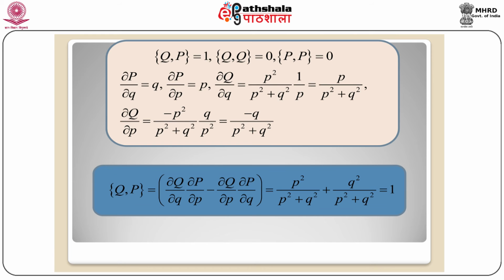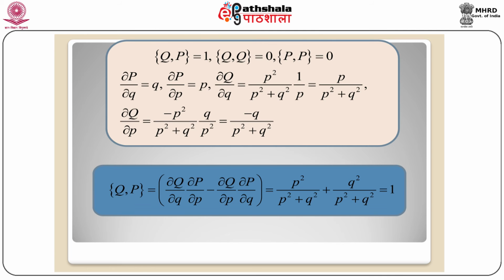Now we are finding the partial derivative of capital Q with respect to small q, which gives this, and calculating the partial derivative of capital Q with respect to small p, we get this. Q has been given here.